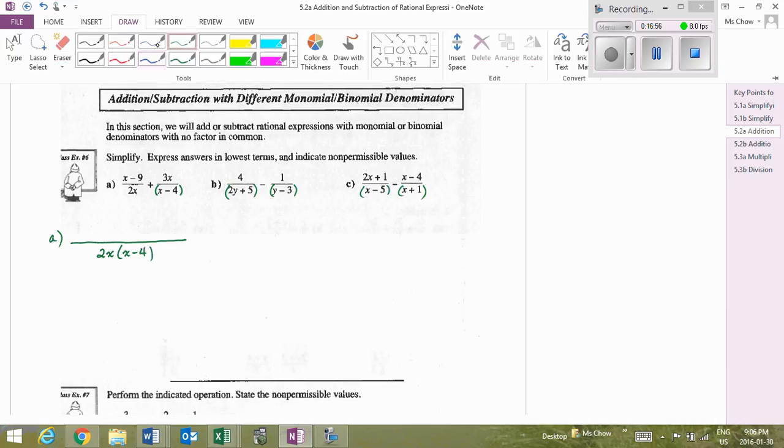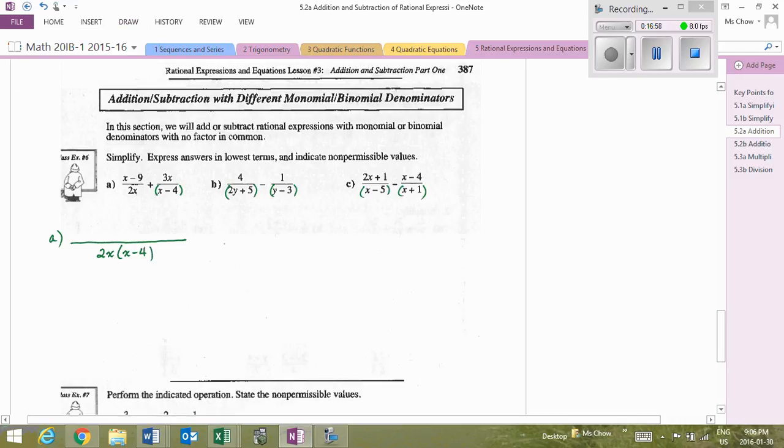So let's go through that for each of them, and then I'll let you finish those up. For B then, my common denominator, so 2y plus 5, y minus 3, those are totally different, and so that is my common denominator. I have to multiply both of those factors together.